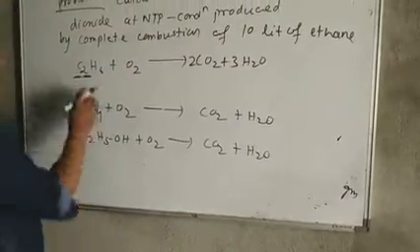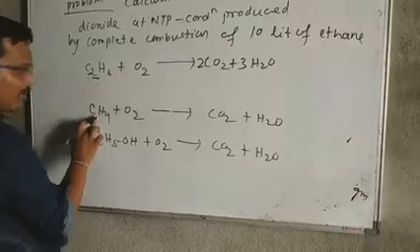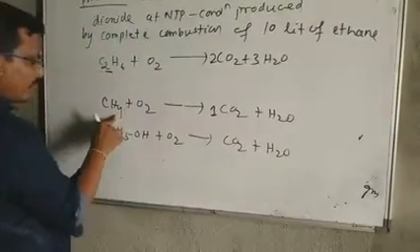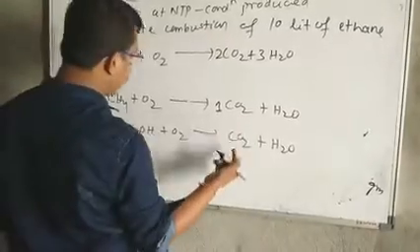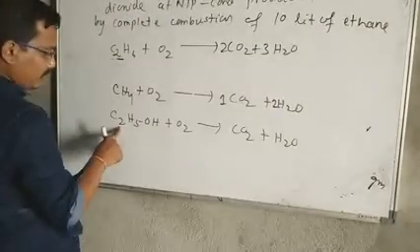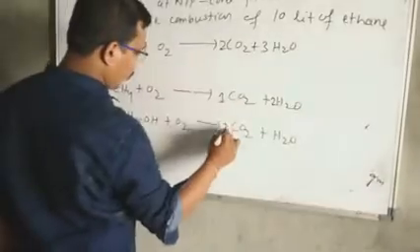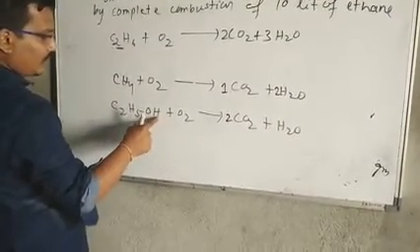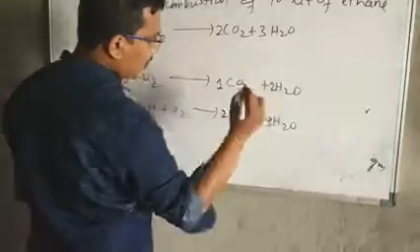If 1 carbon is present, the number of carbon dioxide is 1. Here 4 hydrogen means half, 2, so we write 2H2O. Here 2 carbon atoms, so 2 CO2, and 6 hydrogen, so 3 H2O.